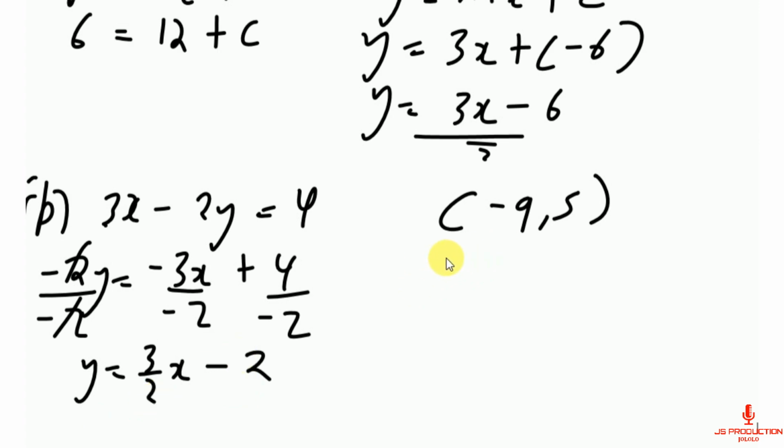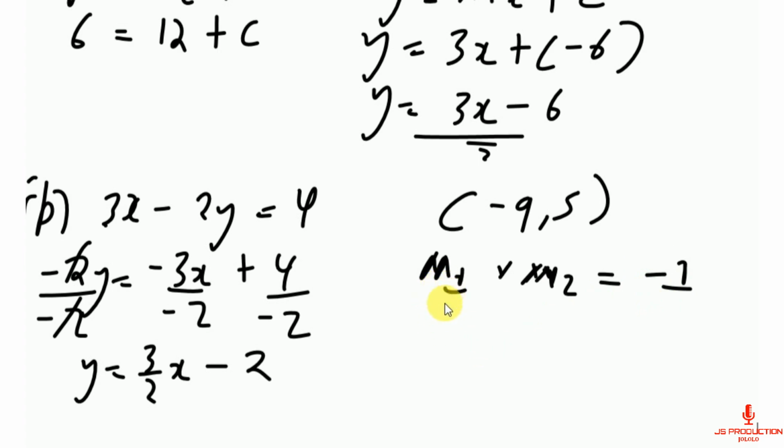To find the gradient of the line that is passing through (-9, 5), we know that these two lines are perpendicular to each other. That means that m1 multiplied by m2 is going to be equal to -1.